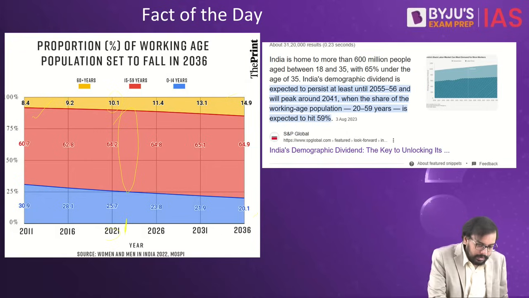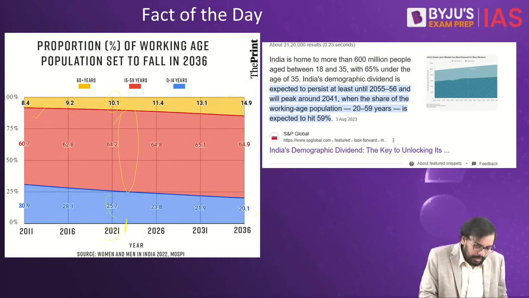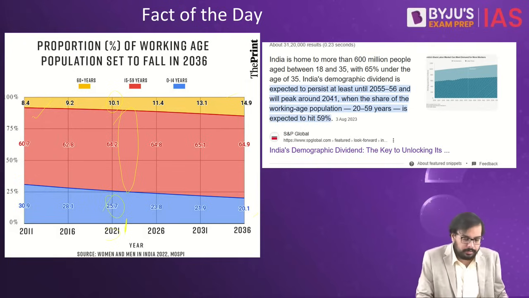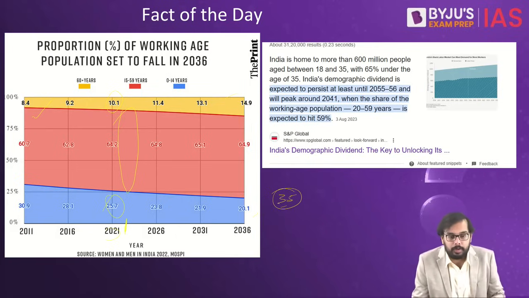As of now, around 10% of the population are senior citizens or non-working age elderly, and around 25% are children. So overall, 35% of India's population is not in the working age group, but around 65% of India's population is in the working age group. That is the meaning of demographic dividend.